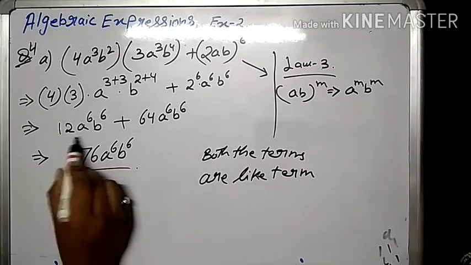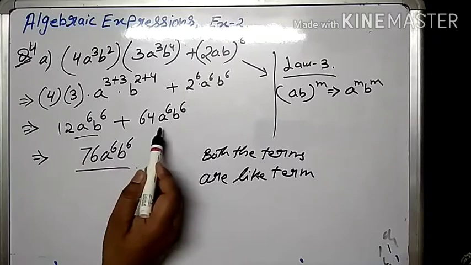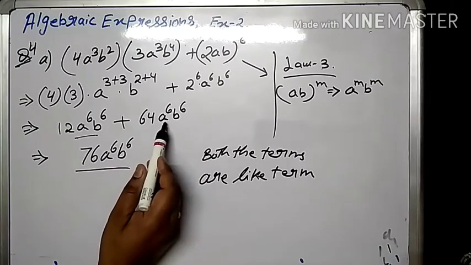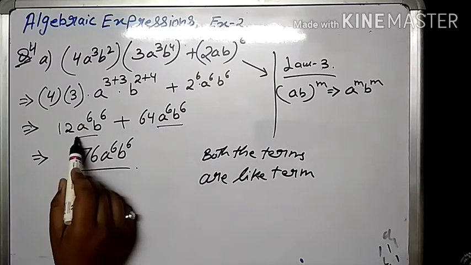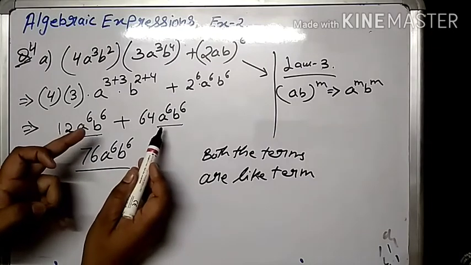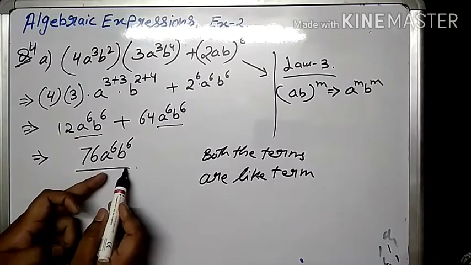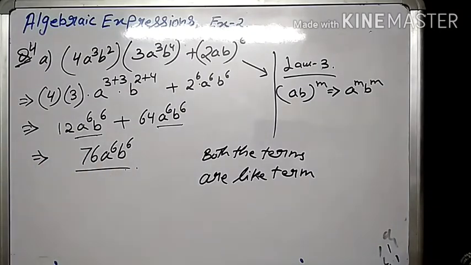That's why both have a to the power 6 and b to the power 6. If the variable terms are the same, they are called like terms, and we can add like terms, in which the variable term remains the same and only the constant values are added. Okay, moving to the next question now.